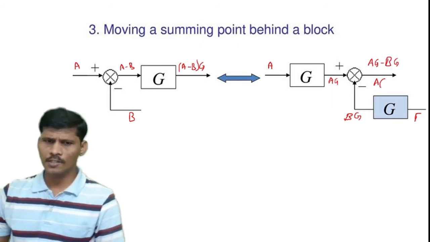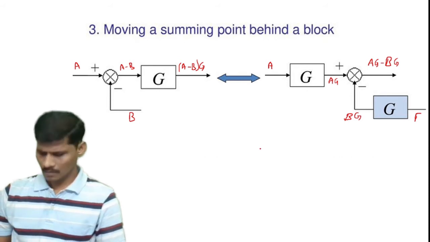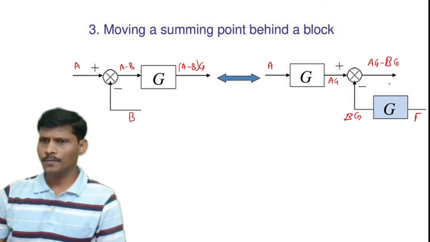Now here G is the common factor, that is equal to (A minus B) into G.